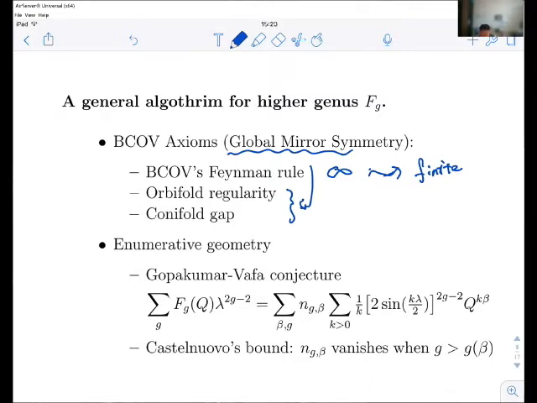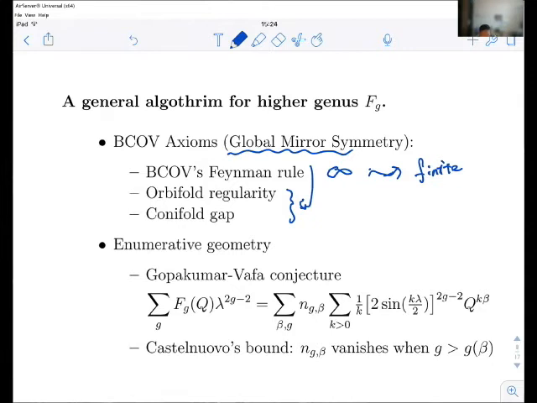And for this other conjectural theory, in fact, we don't know exactly what the theories are. Except for the orbifold point, we already know it should be the so-called quantum singularity theory, or FJRW theory. But for the conifold point, or in general, there might be other types of singular points.